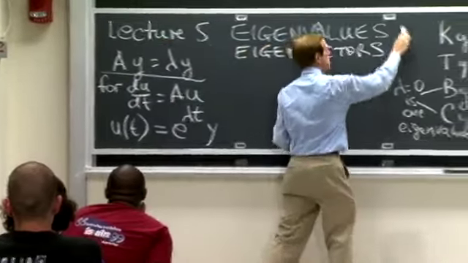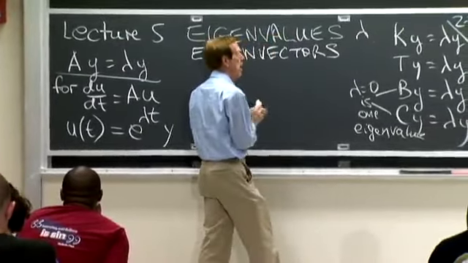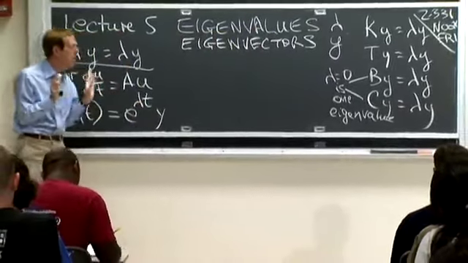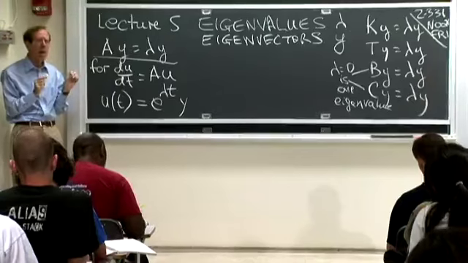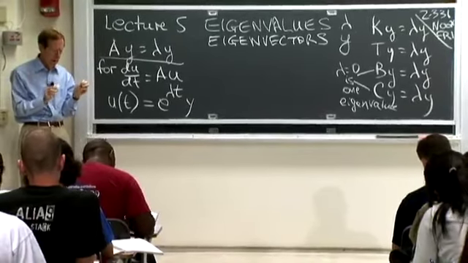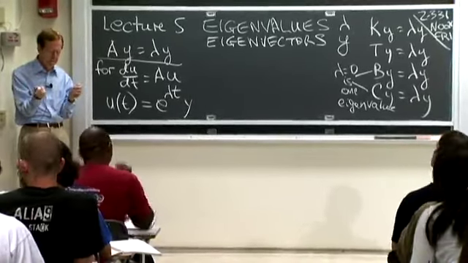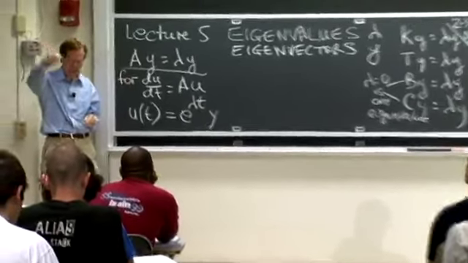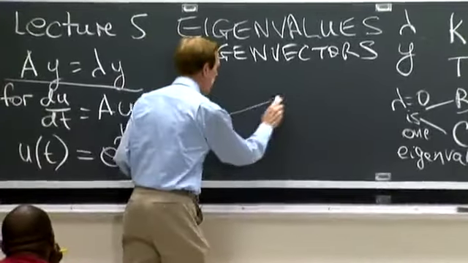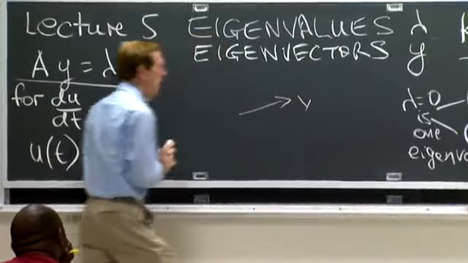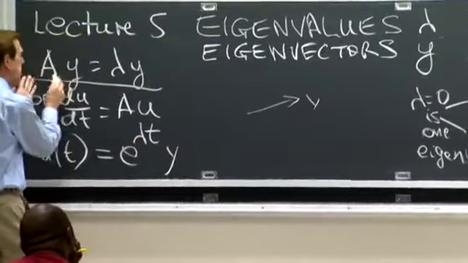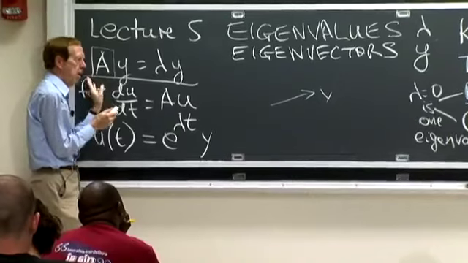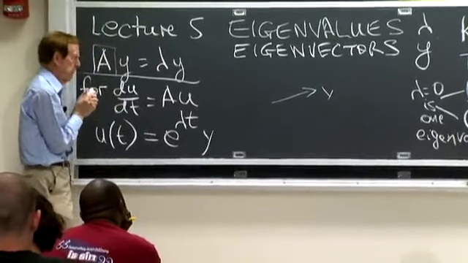The eigenvalue is this number, lambda, and the eigenvector is this vector y. Now, how do I think about those? Well, suppose I take a vector v, headed off in some direction, and I multiply by A. I'm given the matrix, whatever my matrix is; it could be one of those matrices, or any other matrix.